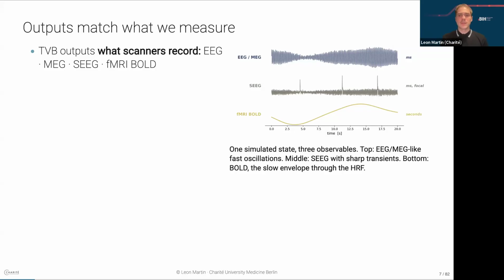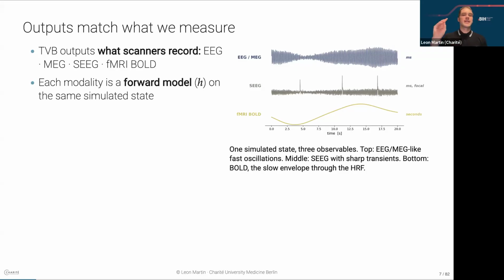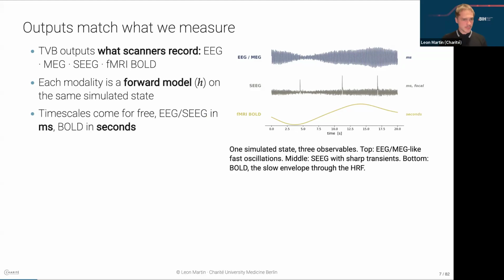So this is all the observation, from which we derive our insights into the actual raw neural activity. We can say that this modality is a so-called forward model: we try to model the observation based on the raw simulated state. Okay, and then we have time scales between milliseconds and seconds.